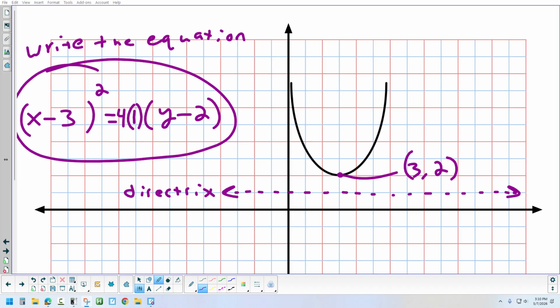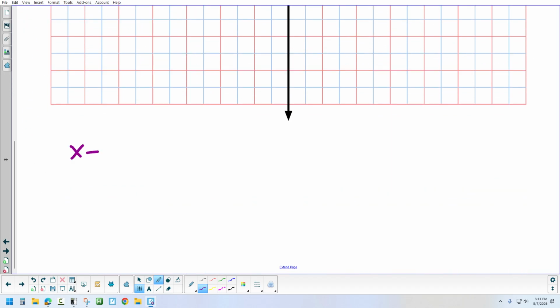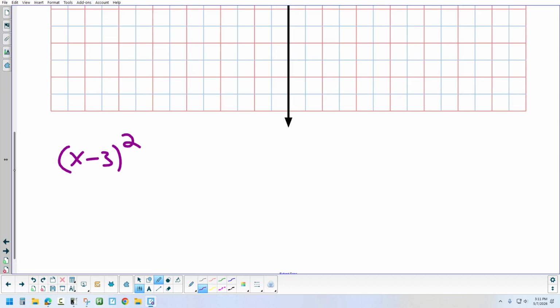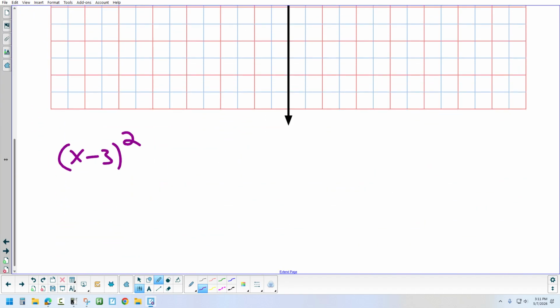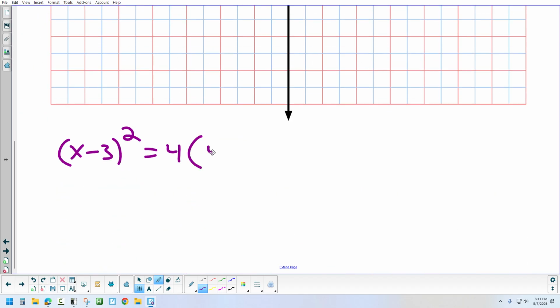Now, one other thing we could do with that is they might solve that equation for y on the test. So if we take that equation, (x minus 3) squared equals 4(y minus 2).